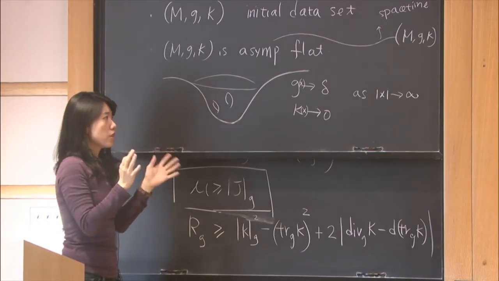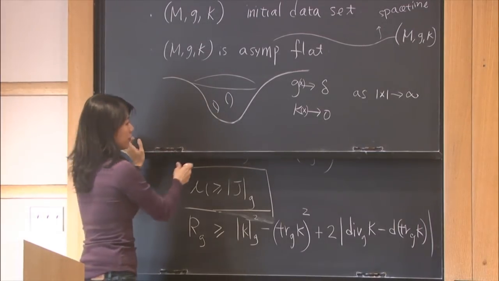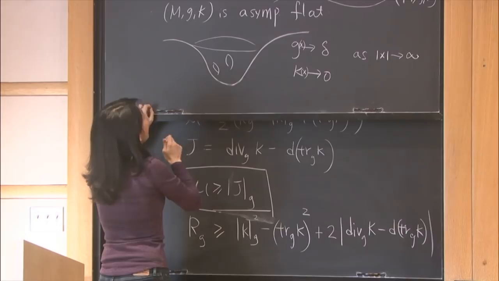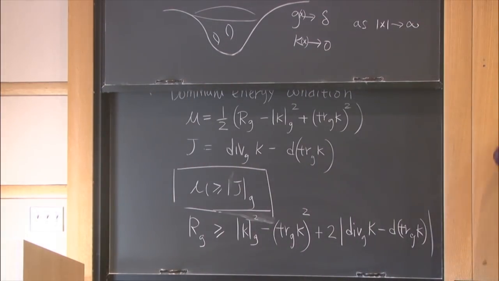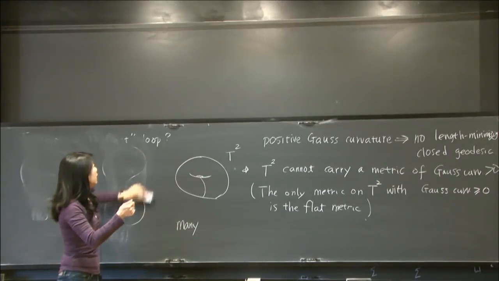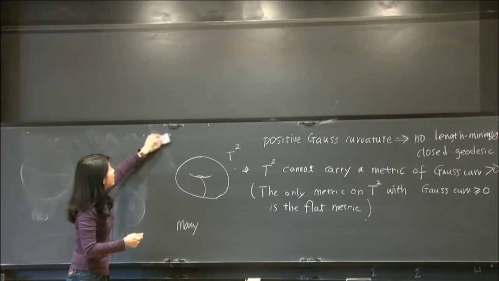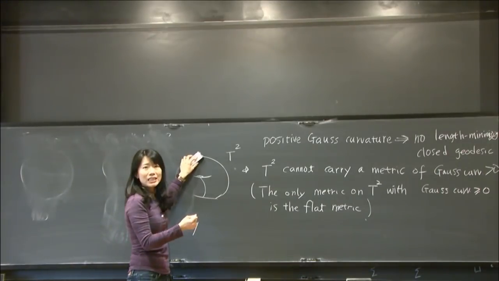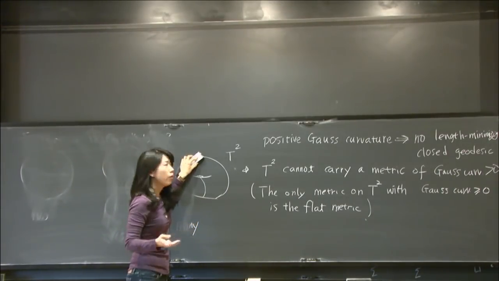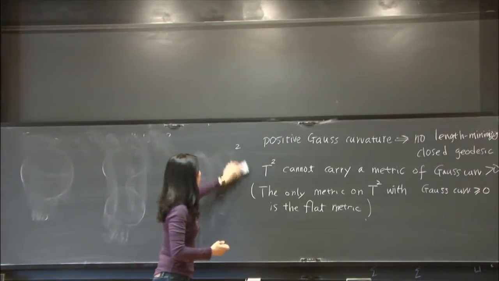So in principle, they are just a bunch of numbers defined at infinity. And I think that's what makes the rigidity part quite striking: you have a number or bunch of numbers defined at infinity, but somehow if the numbers satisfy some equality, then it tells you the global geometry of the manifold.